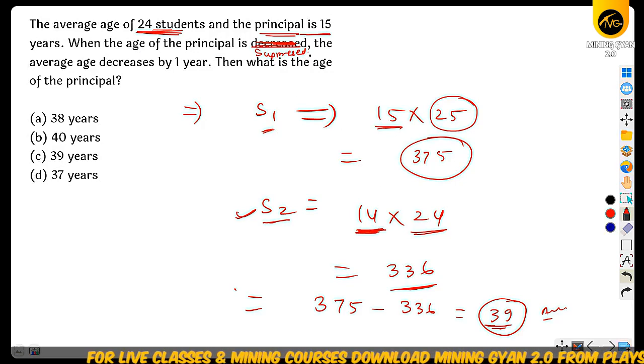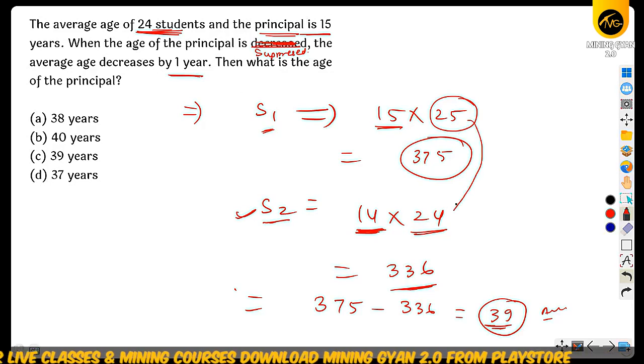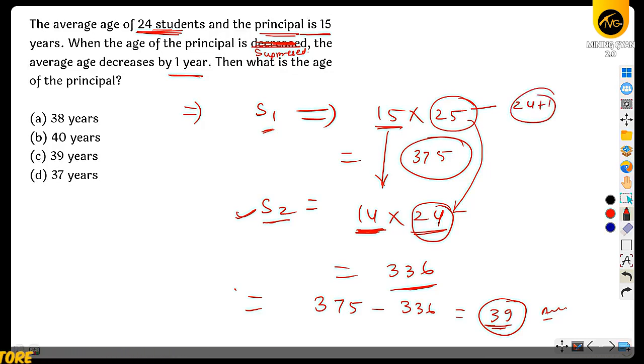So if you suppress the age of the principal, then the average age will be decreased by 1 year. So the average age will be 14, and the number of students or elements will be 24, because we have 24 students and one principal in the first case, and in the second one we suppress the principal, so that's why we have 24 students only.